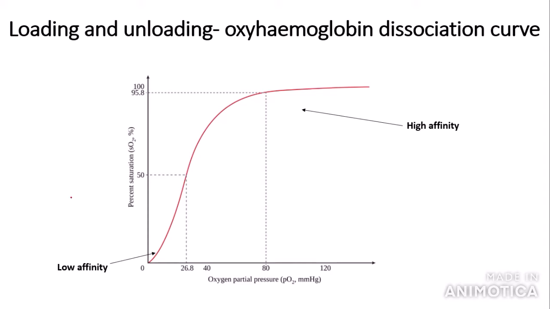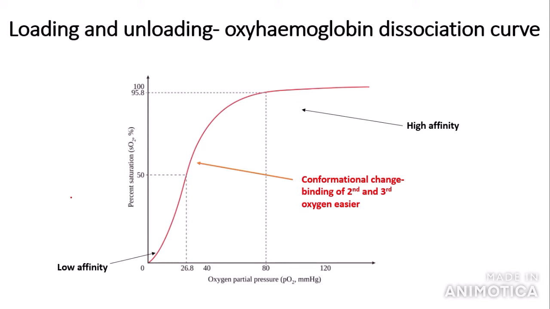This is because upon the binding of the first oxygen molecule, the tertiary structure or the conformation of hemoglobin changes. So the conformational change makes the binding of the second oxygen and the third oxygen much easier, so the percentage saturation rapidly increases.